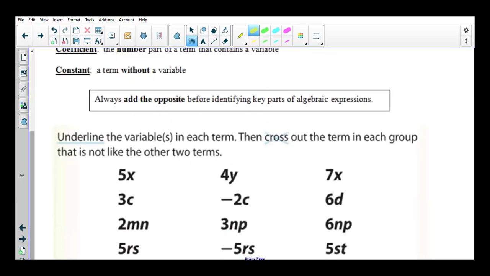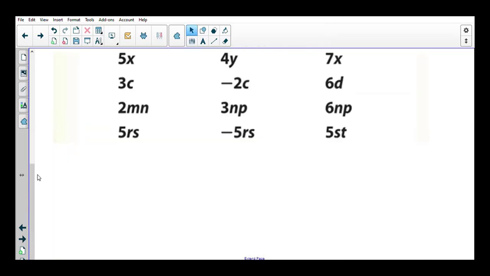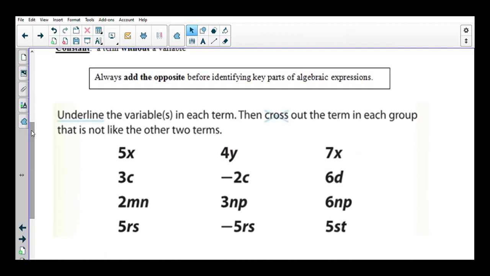I took these last questions from the textbook just because I think they were good problems for identifying the variables and identifying like terms. It says to underline the variable or variables in each term, then cross out the term in each group that is not like the other two terms. So in this first row, we've got 5x, x is our variable, 4y, y is our variable, and 7x, x is our variable.